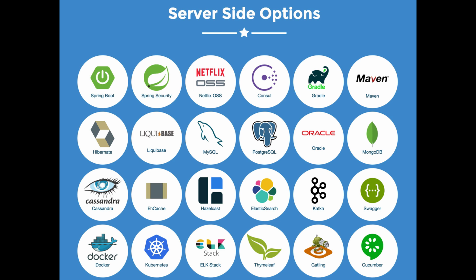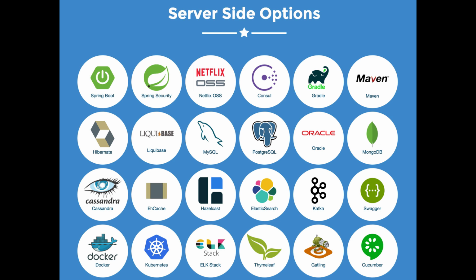We have Consul, which will handle the communication and discovery of our microservices. We have Gradle and Maven for our build system and dependency management. If you're familiar with Maven, if you're on the Java side, or if you're familiar with Android and Android Studio, that's what Android Studio uses, Gradle, and so this might be familiar to you.